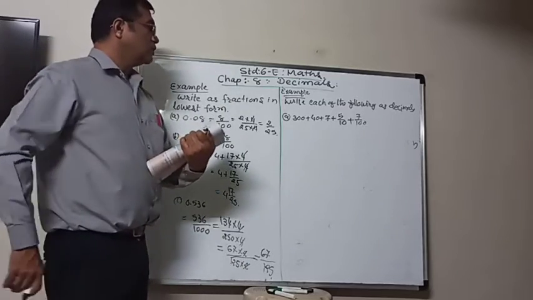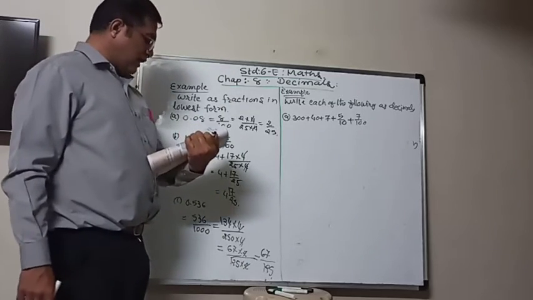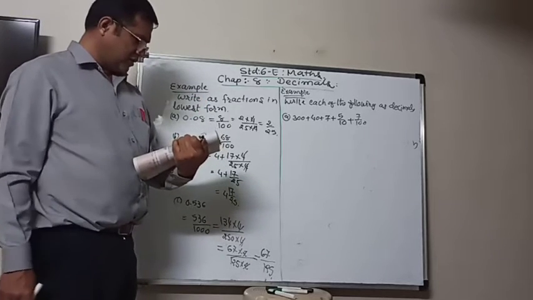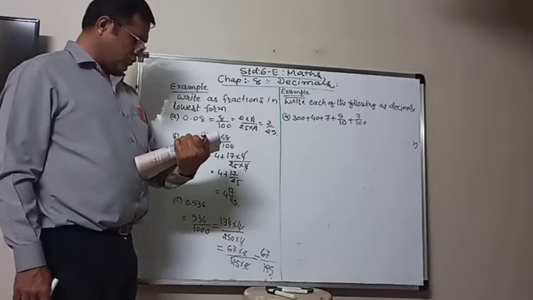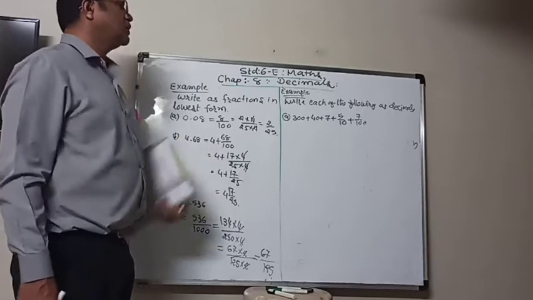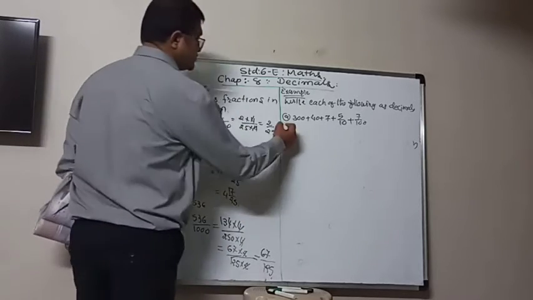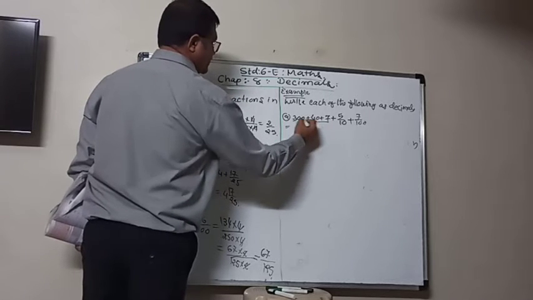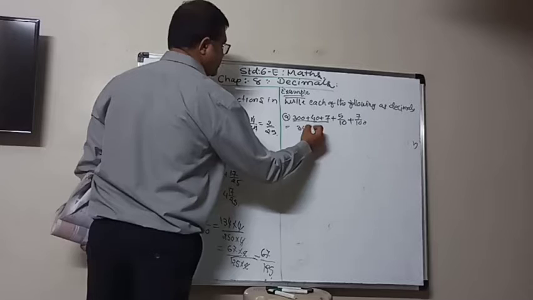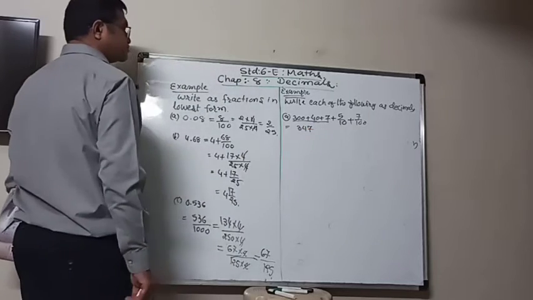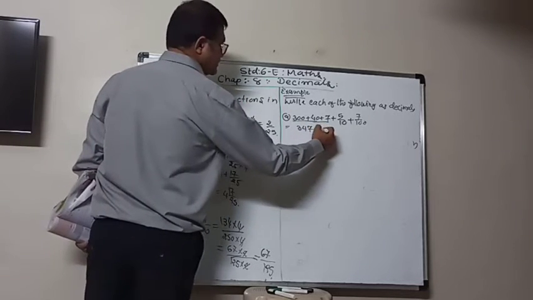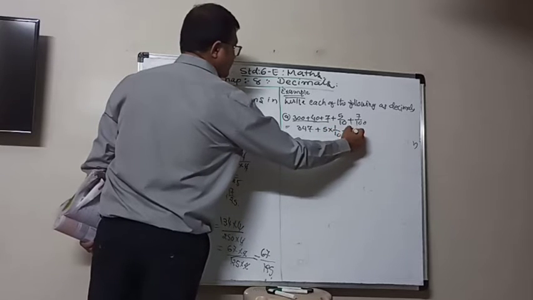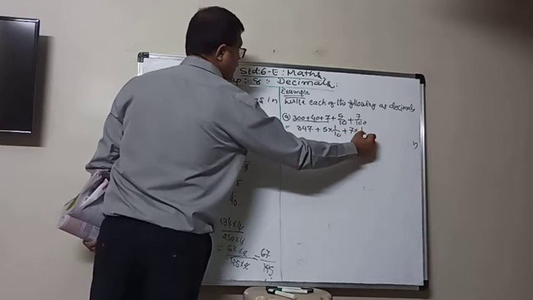Now here we have to write down them by combining them and we have to write down as a decimal. Now first this whole part we can add together. That will bring you 347 plus that one is 5 into 1 upon 10 plus 7 into 1 upon 100.